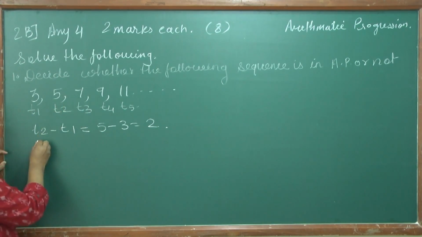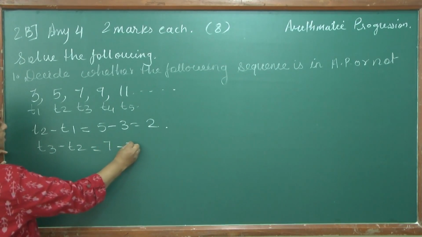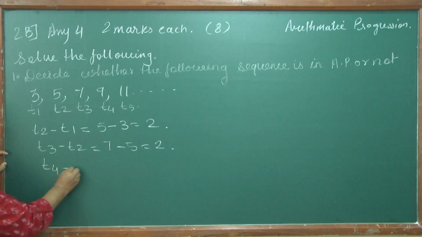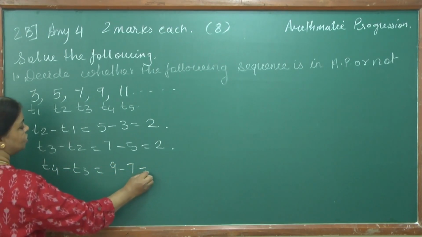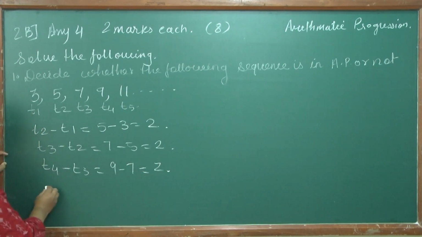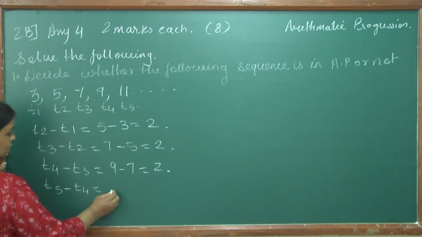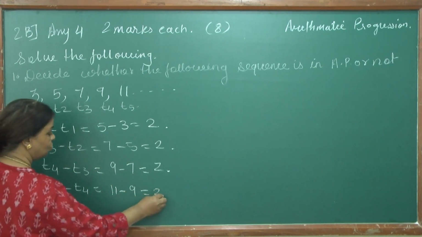Now I will take T3 minus T2. T3 is 7 minus 5, again I am getting 2. Then T4 minus T3: T4 is 9 minus 7, which is equal to 2 again. T5 minus T4: T5 is 11 minus 9, again 2.